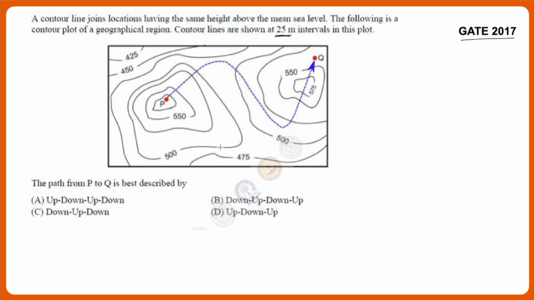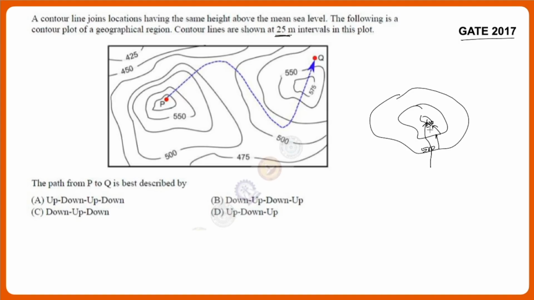Alright, so what you have to understand is, if I draw a contour something like this, what does that mean? If I write it down, let's say if this is 500 and if this is 600, so that means from here to here this is 50, and from here to here this is again 50. Okay, so that means you are going up. If I draw a line like this, that means you are going in the upward direction, because from 500 you are reaching 600.